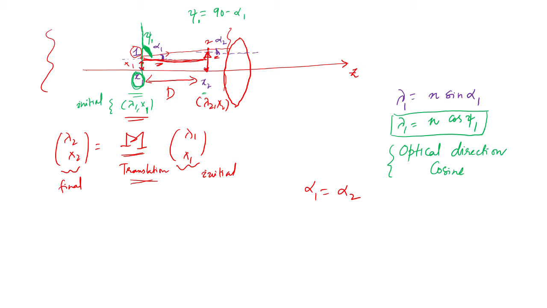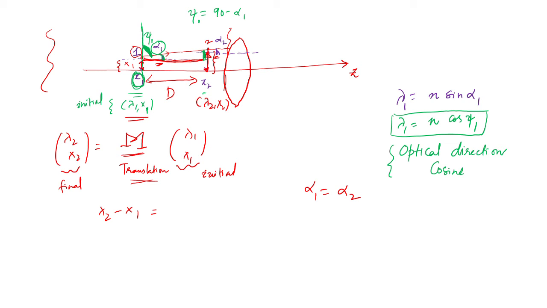So I can write x2, which is this entire height, minus x1. That is this little tiny portion here. x2 minus x1 would be this tiny portion here. So that is the opposite side of alpha 1.